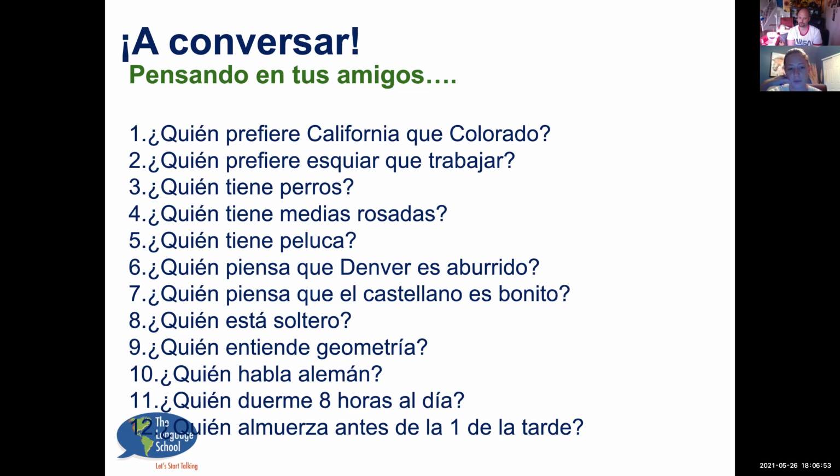Hannah duerme 8 horas al día. ¿Quién almuerza antes de la 1 de la tarde? Mi amiga Callie almuerza antes de la 1 de la tarde.